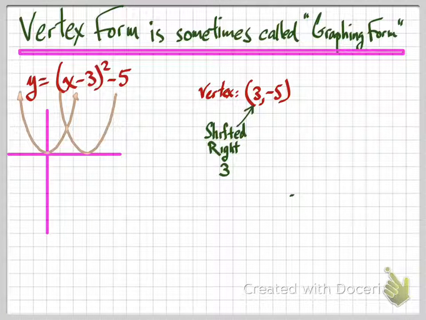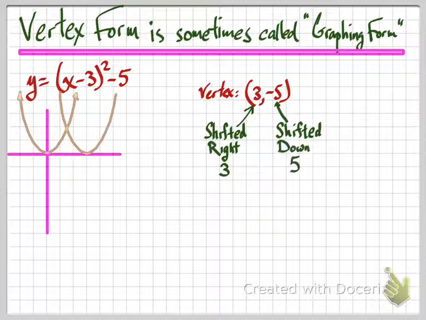That's what x minus 3 does. It shifts the graph to the right. It's a little counterintuitive to say minus means go to the right. I understand that, but that's something you just have to get used to, I guess. And the -5 on the outside means that it has been shifted down 5 units.